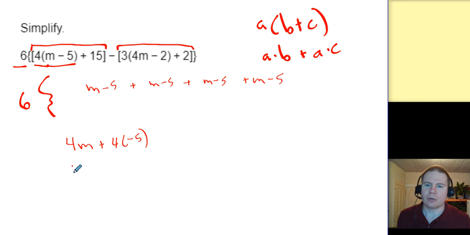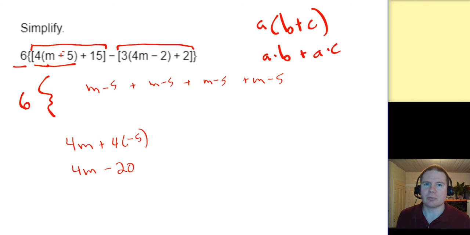So there's 4m, 4 times 5, 20. Now it's your choice if you want to think of this as minus 4 times 5, minus 20, or recognize minus means plus the opposite, so negative 5 times 4 is negative 20. Whether I write minus 20 or plus negative 20, we have to see those as equivalent. All right, so there's my first group here. Then I have plus 15.